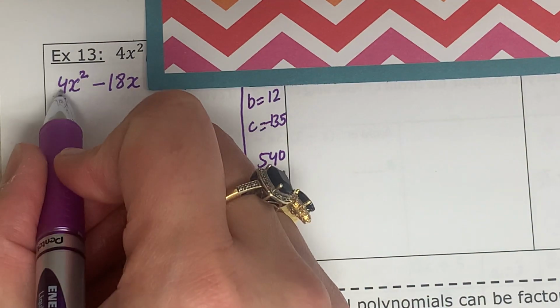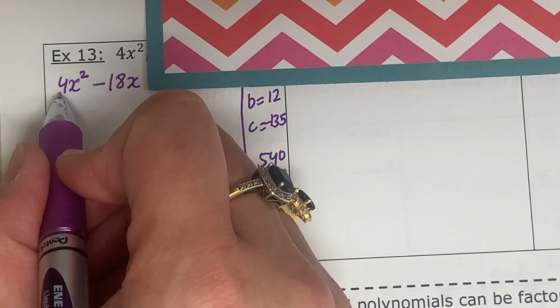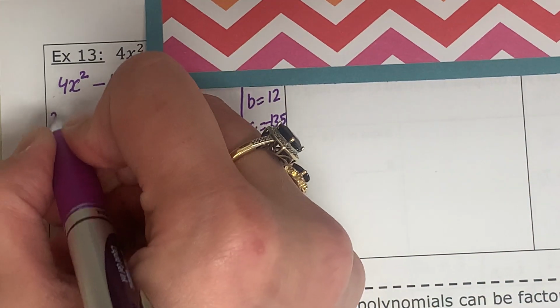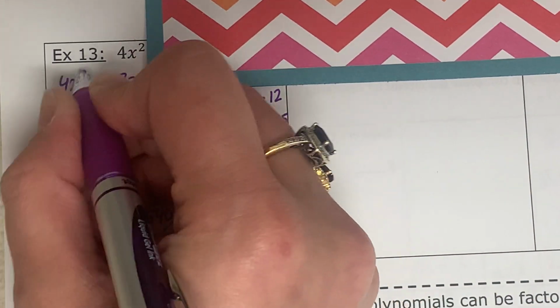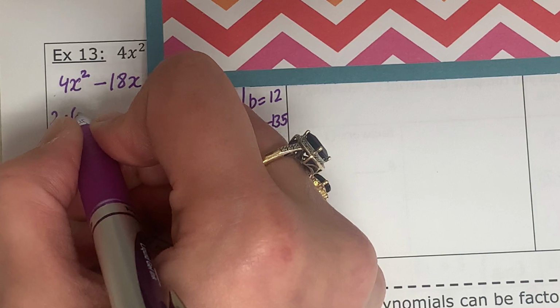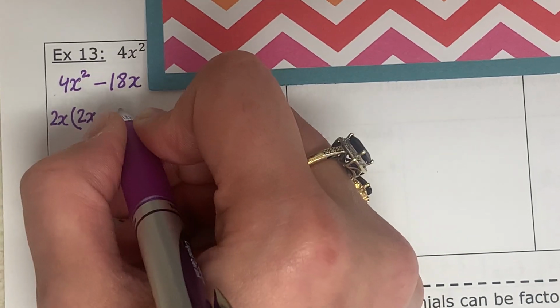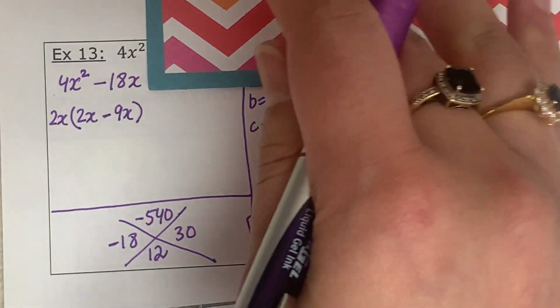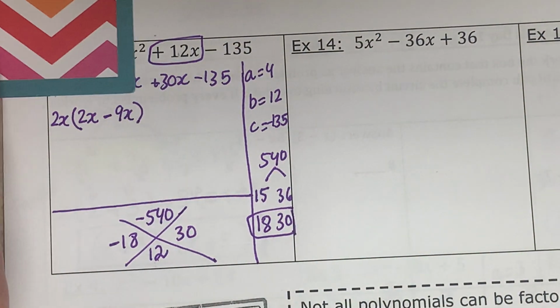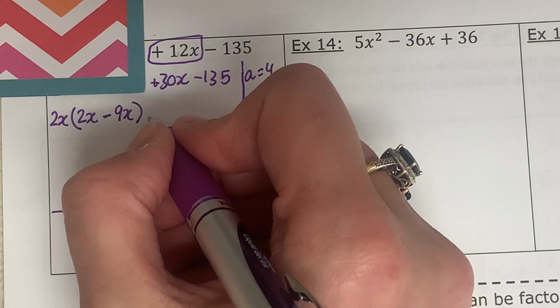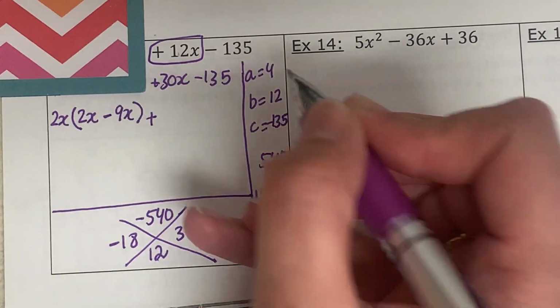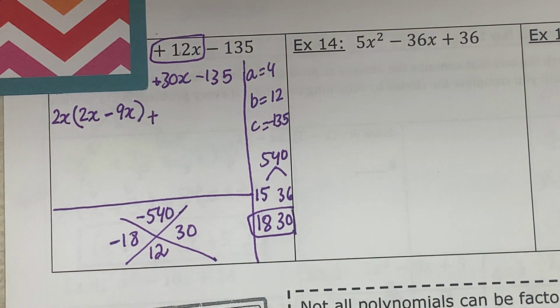So let's find the common factor. It has to be 2x. So 4x squared divided by 2x, you're left with 2x. 18x divided by 2x is 9x. And I'm going to factor it over here. 30 is factored by 5.